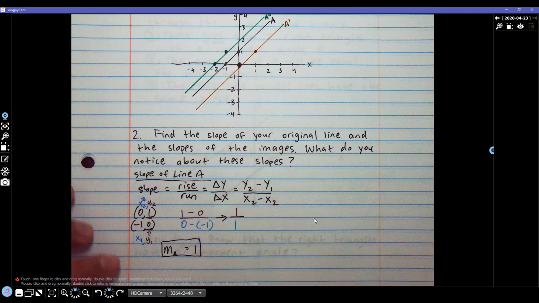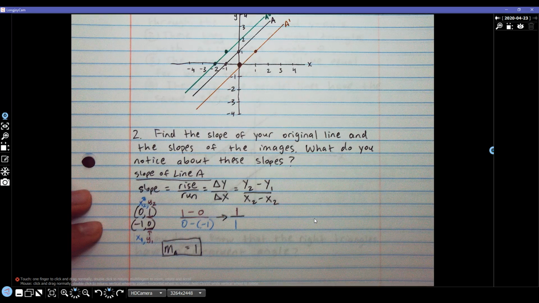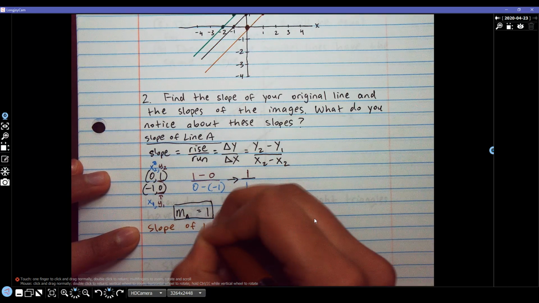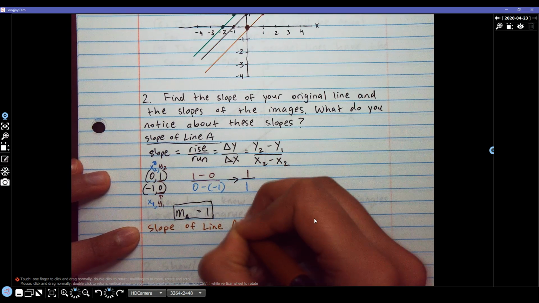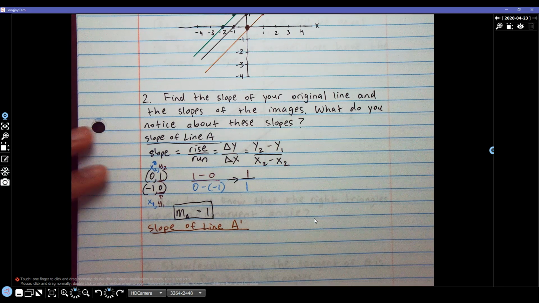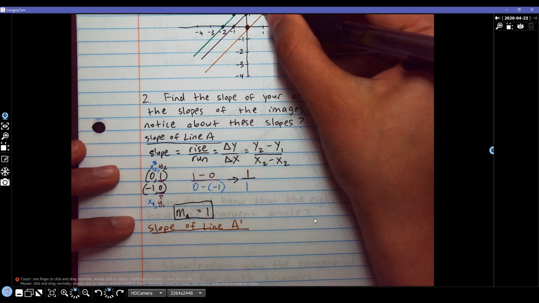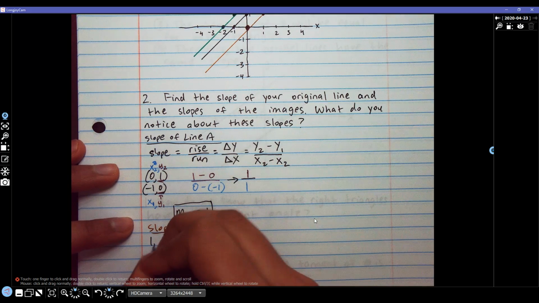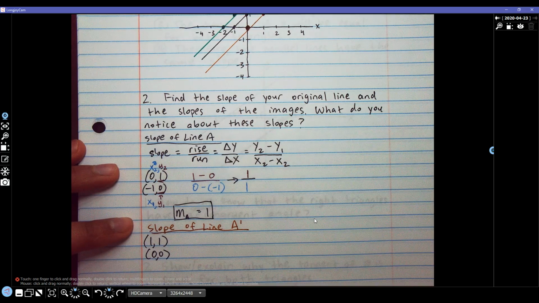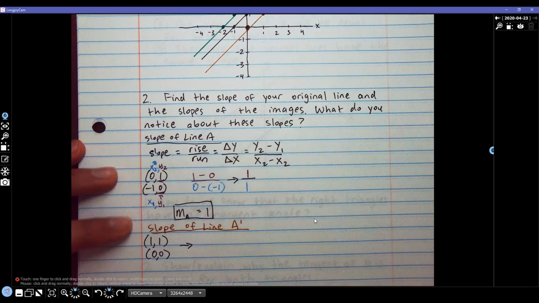Let's take a look at finding the slope of our line A prime now. So slope of line A prime. We've got these 2 points here, (1, 1) and (0, 0). So let's put this together in our rise over run.